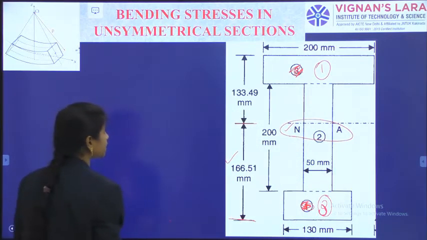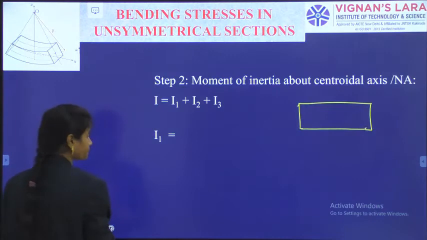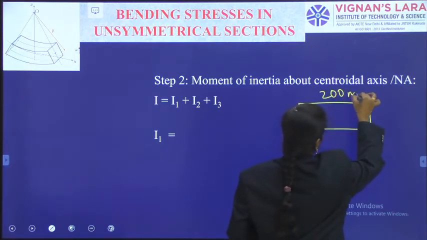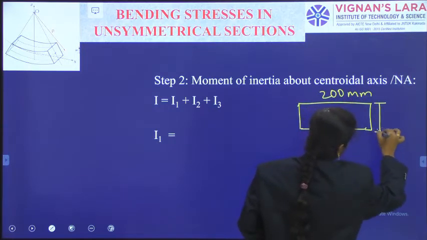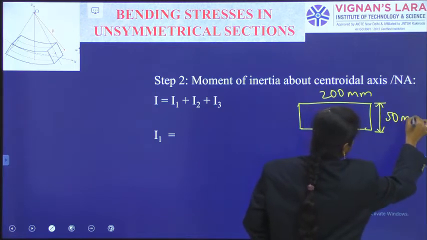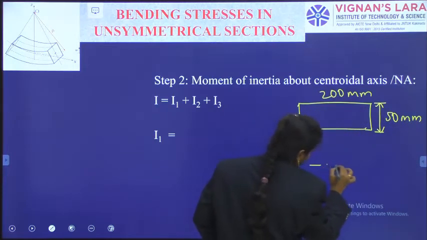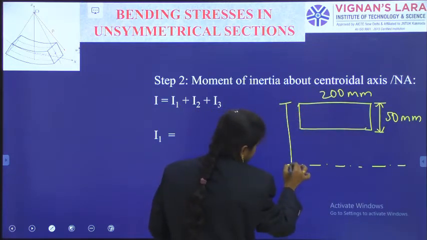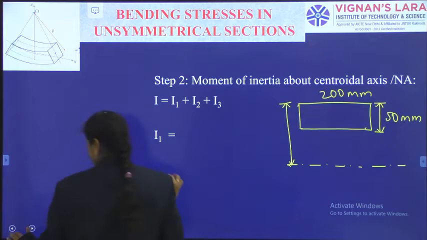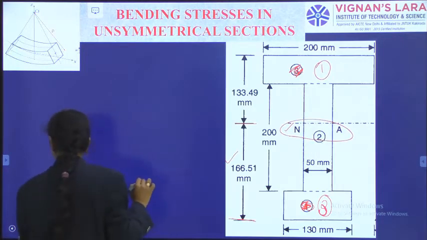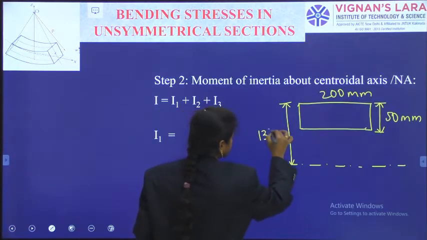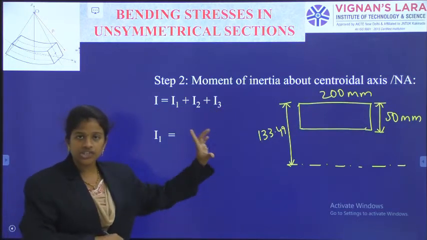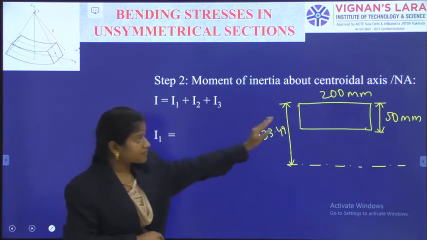For the first portion, that is 200 by 50 mm, and we are having the neutral axis like this. And the neutral axis is at a distance of 133.49 millimeters from the top. Okay, so this is the thing we are having. Individually I am taking the moment of inertia. The first segment is like this.